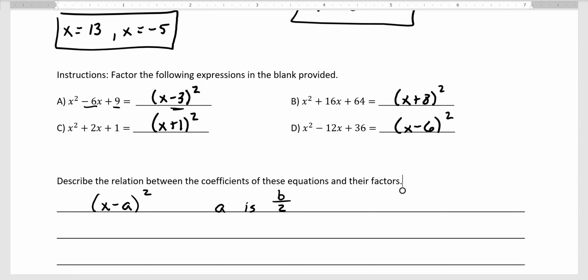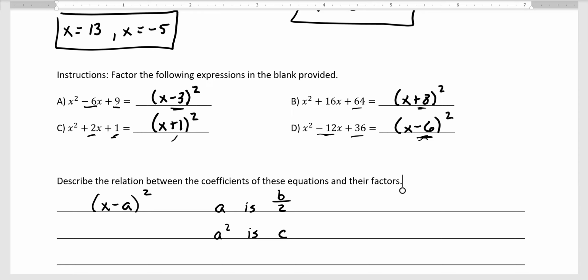B divided by 2 for all of these. If I look at 2 divided by 2, 1. Negative 12 divided by 2, negative 6. And a squared is c. Negative 3 squared is 9. 8 squared is 64. 1 squared is 1. Negative 6 squared, 36.